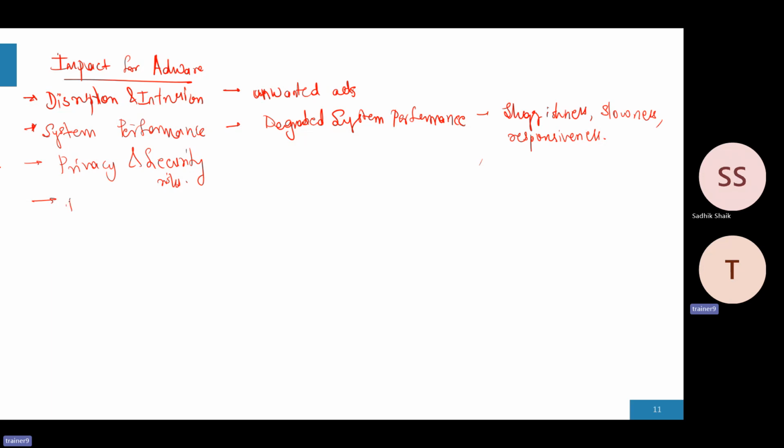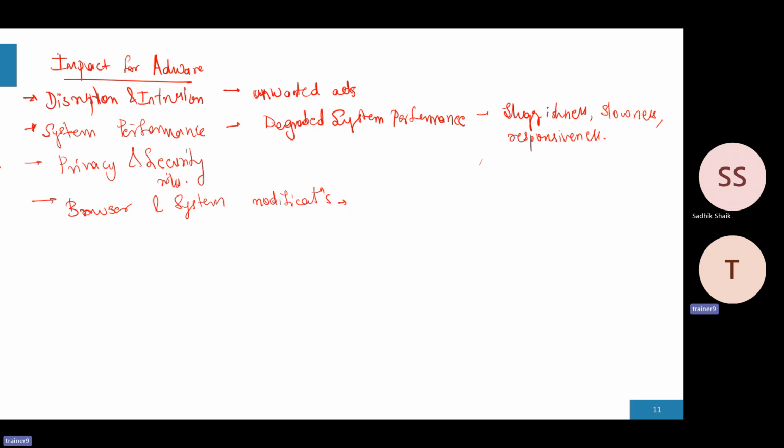Then sometimes some of these adwares might be changing your browser and system settings as well. This might be impactful because the settings that you have specifically set start getting modified, and they keep on getting changed. Whatever the default home page or search engine is might start getting changed, right?